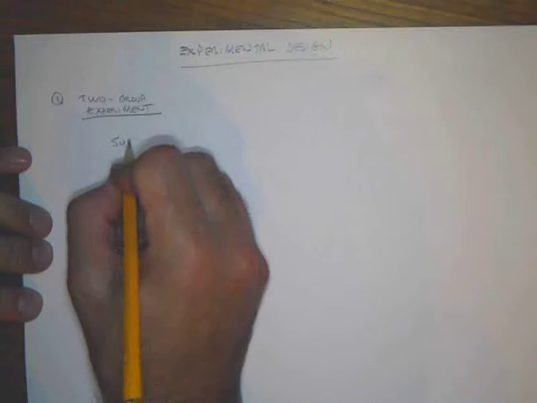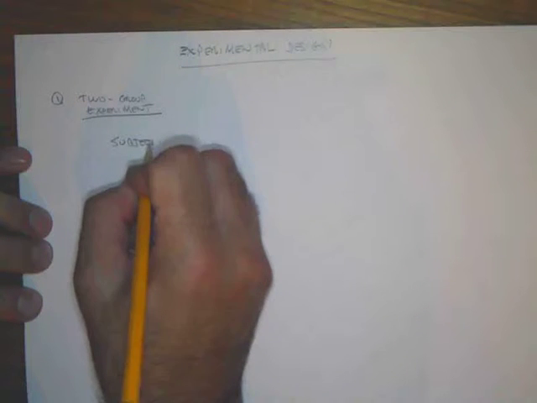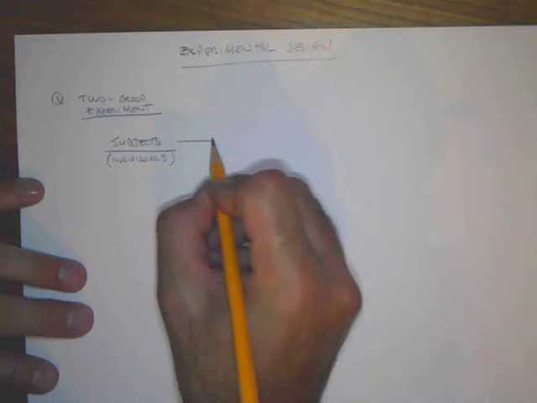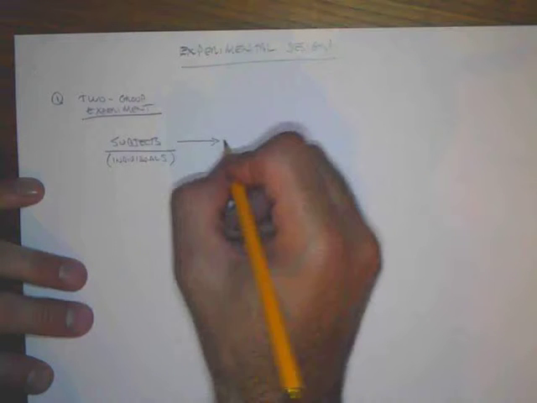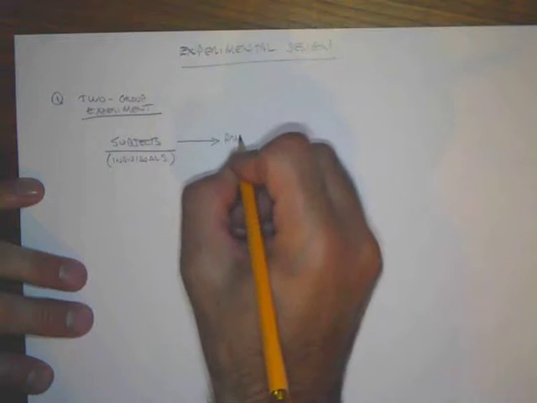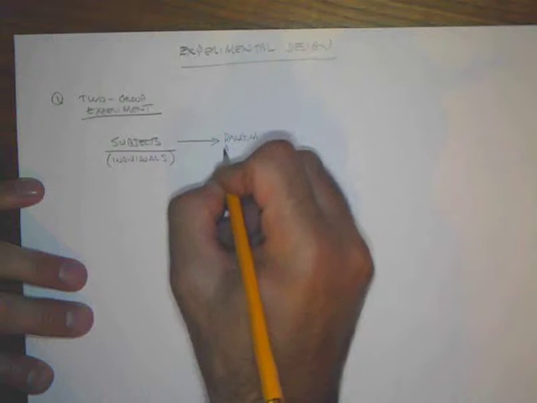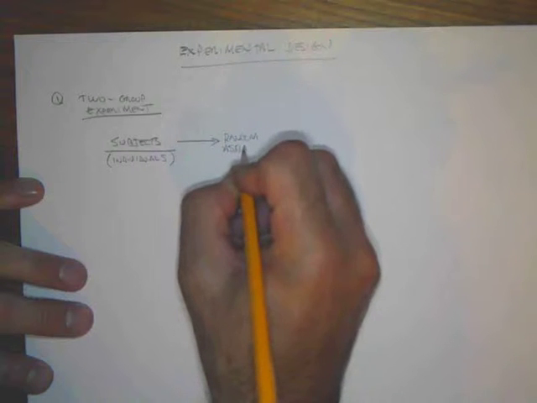We start with a group of subjects, and we would call these individuals, or you might call them experimental units. So we have a group of subjects, and what we do is a random assignment.